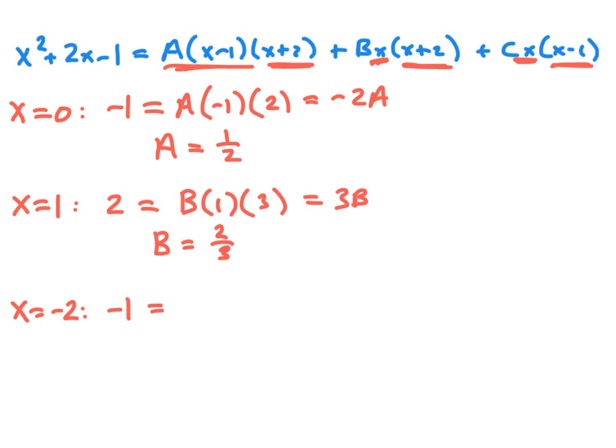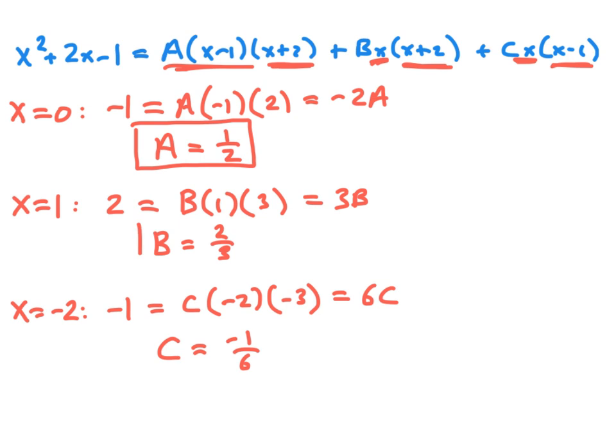The a and b terms disappear, and we're left with c times negative 2 times negative 2 minus 1, which is negative 3. And so this is 6c when we multiply that out. And so it looks like c is going to end up being negative 1/6. And so our partial fraction decomposition will be the expression that we had previously with a, b, and c being 1/2, 2/3, and negative 1/6, respectively.